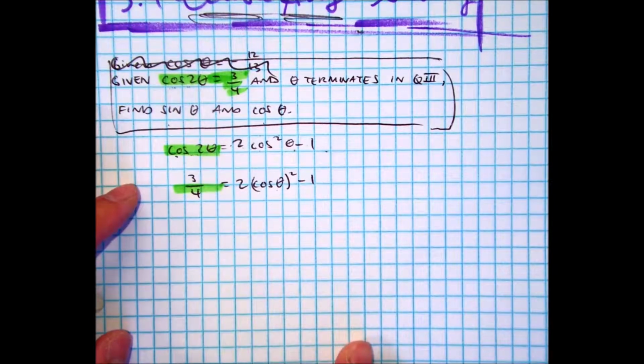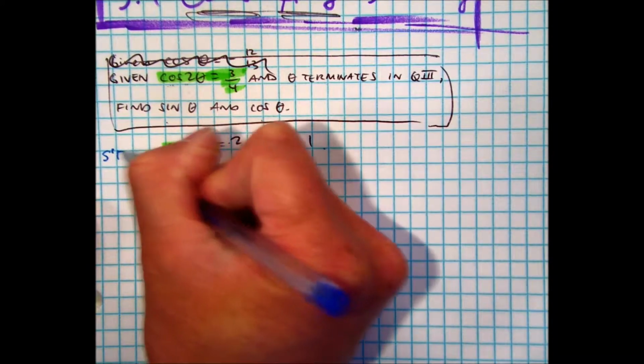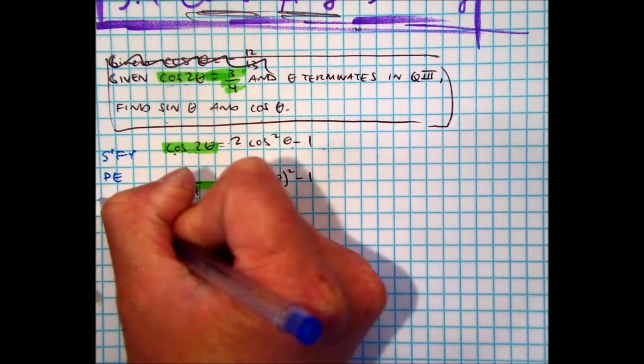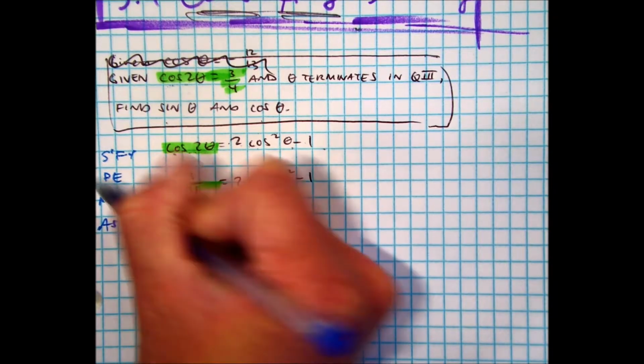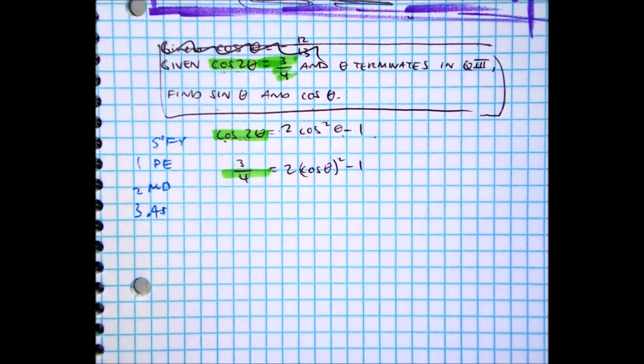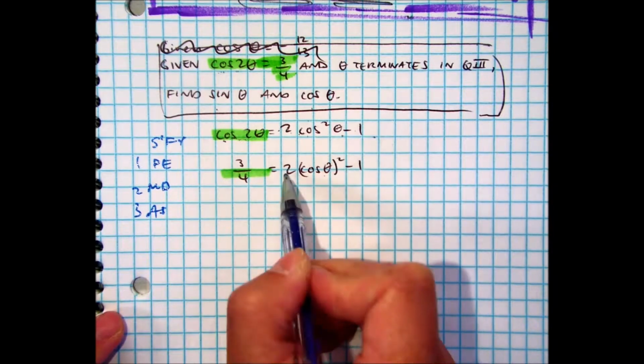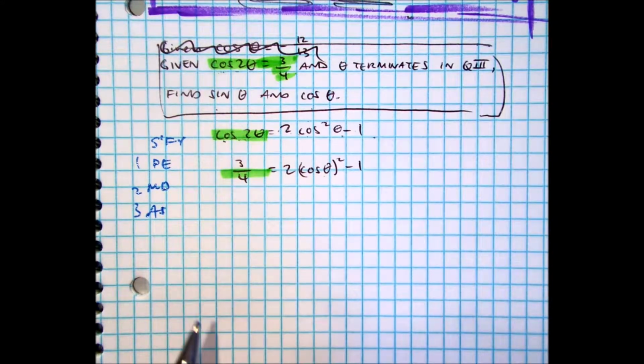And then all we have to do here is just solve. We're going to solve for cosine theta. To simplify, I'm going to be using PEMDAS. What should I do first, class? In order for me to do the exponents, I'm going to have to clear the other ones out.